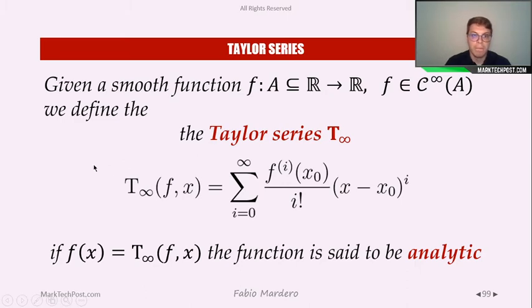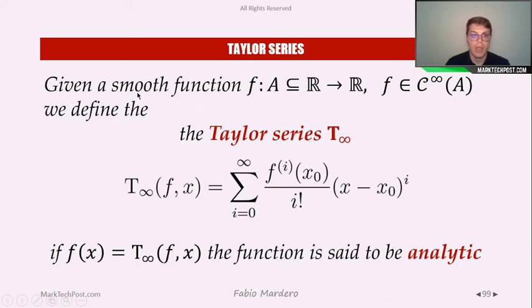Again, if the function is so smooth that it can be differentiated as many times as we want, then we can define the Taylor series, in which we don't have n, but we have infinity. That's a series.